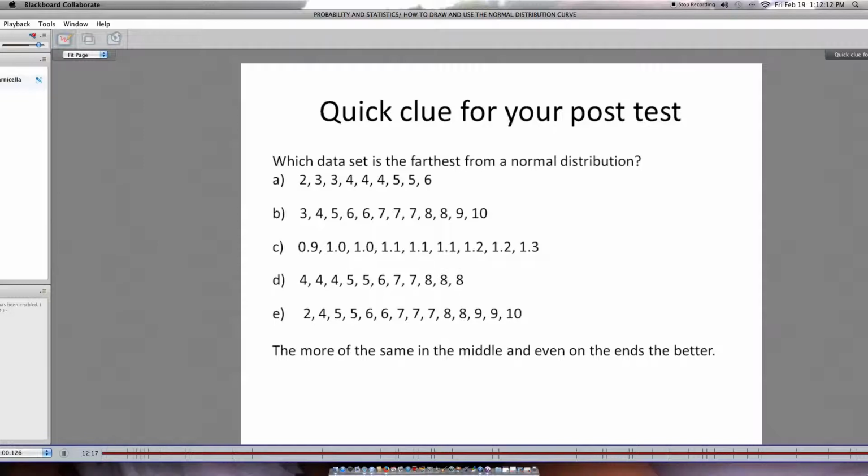So you look for whatever has the most of the same thing in the middle. For instance, there's 4, 4, 4. Okay, that's 3 of them. There's 7, 7, 7. Okay, that's 3 of them, and so on. The one that has the least amount of the same stuff in the middle is going to be the one that is the farthest from a normal distribution.